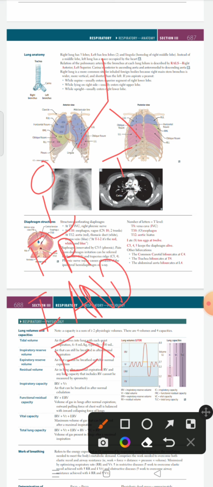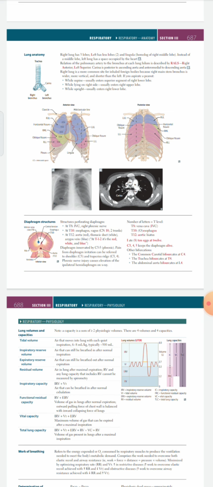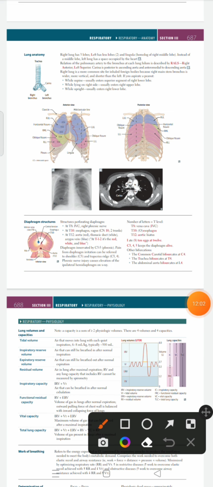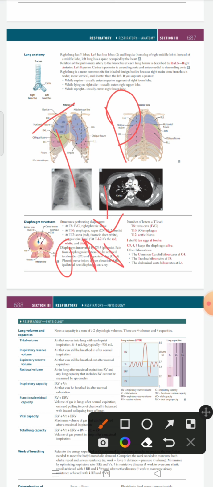But in the case of tension pneumothorax, the injury acts as a one-way valve.